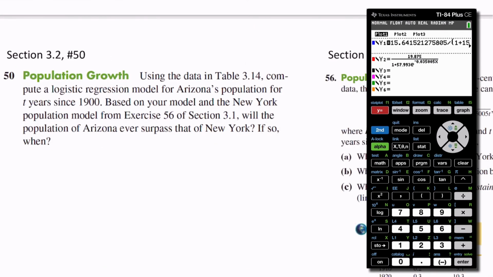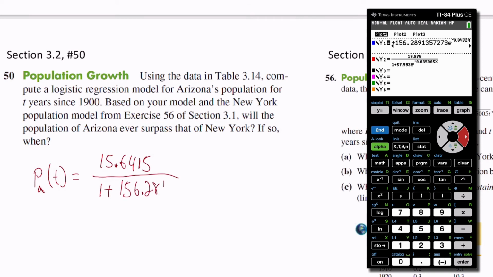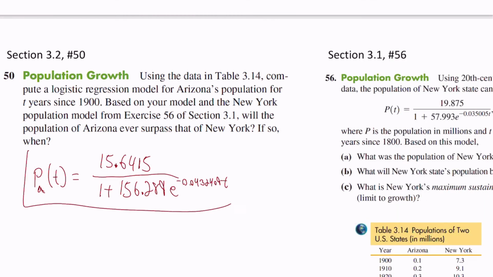It's going to be population, I'll call it for Arizona P A, relative to T, is equal to 15.6415 over 1 plus 156.289 e to the negative 0.043249. Okay, so that's that function.